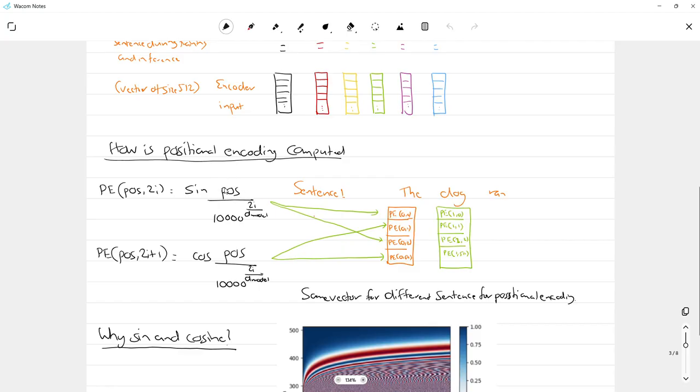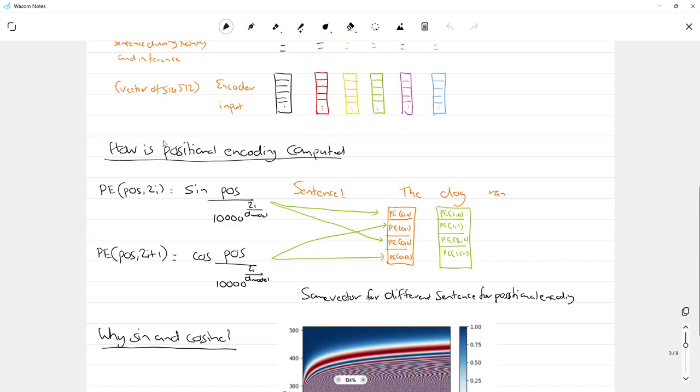So this particular term here, POS, is the actual position of the word in the sequence, starting from 0, 1, 2, and so on. The value that you see here, i, refers to the dimension within the embedding vector, and this ranges from 0 to d_model minus 1, and d_model is 512 here, so it goes up to 511.